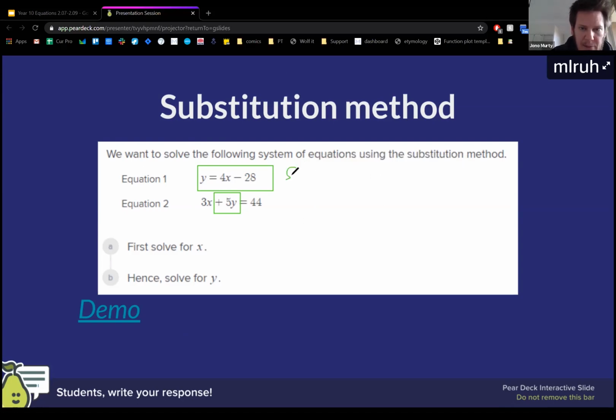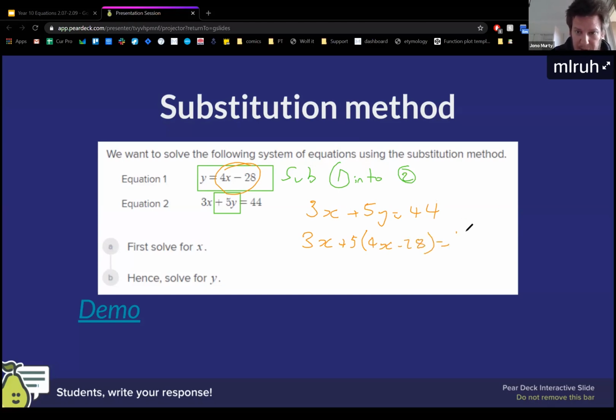So I want to sub 1 into 2. So we have 3x plus 5y is equal to 44, which means 3x plus 5y is just this, 4x minus 28 equals 44.